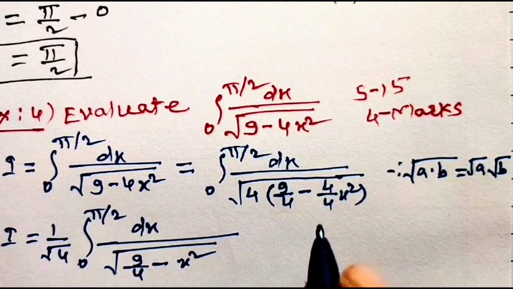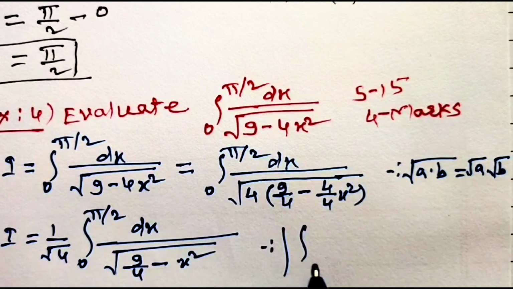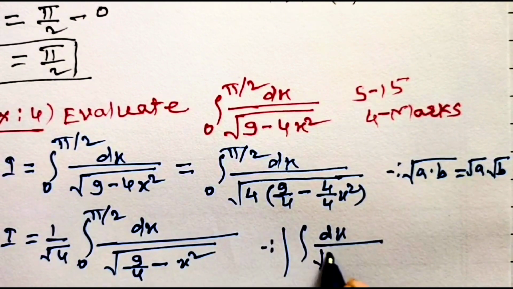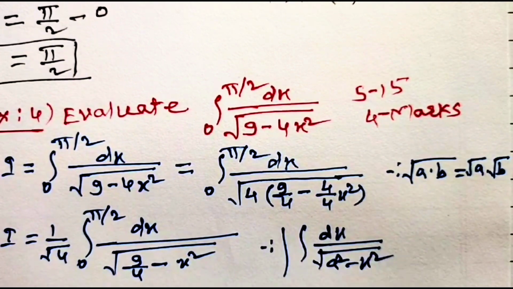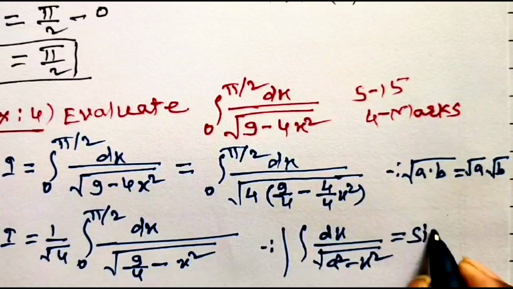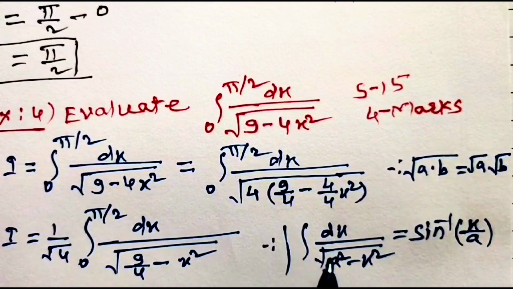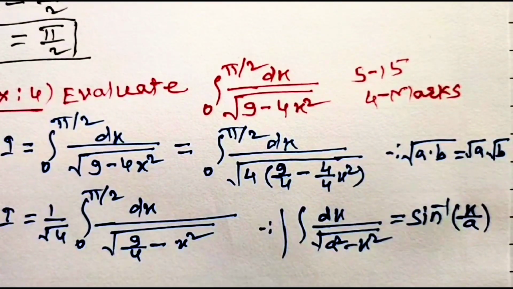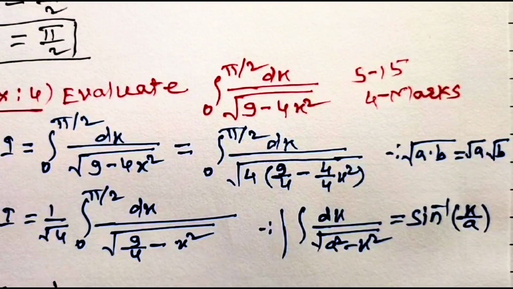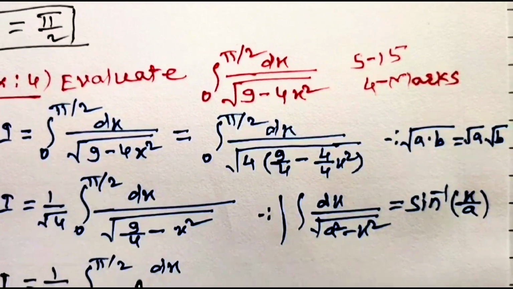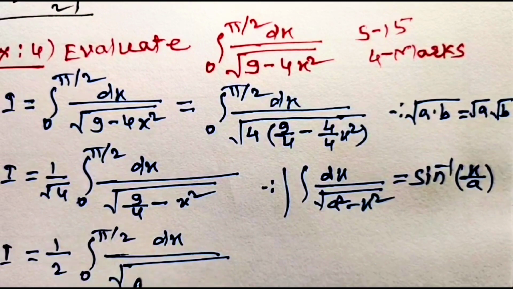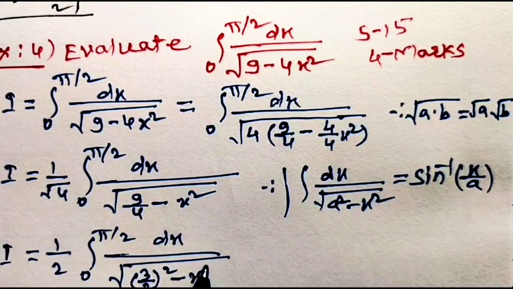Now you can apply the integral formula, integral dx divided by square root of a square minus x square is equal to sine inverse x upon a. Try to get this integral in this form. Hence I is equal to 1 upon square root of 4, which is 2, integral from 0 to pi by 2 dx divided by square root of 9 upon 4, which can be written as 3 upon 2 square, minus x square.